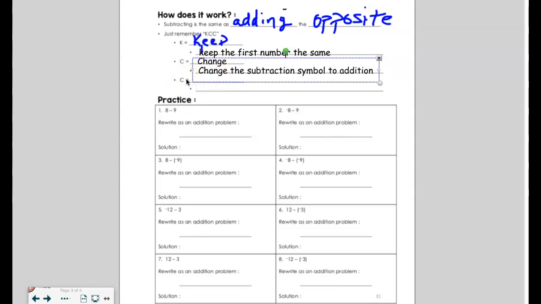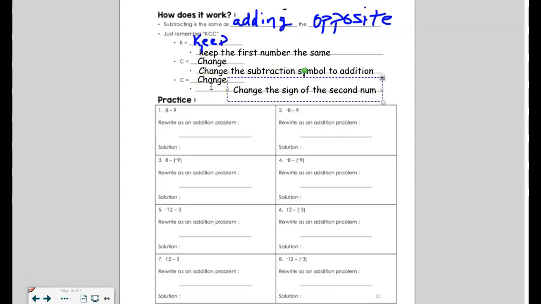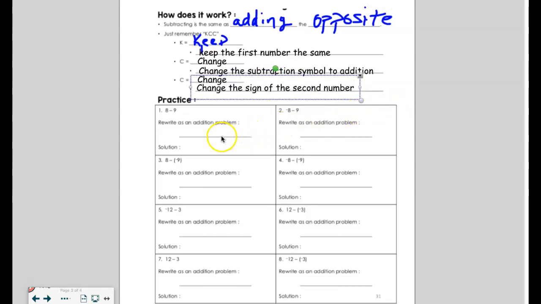And then you change the sign of the second number. So it's adding the opposite: keep, change, change.